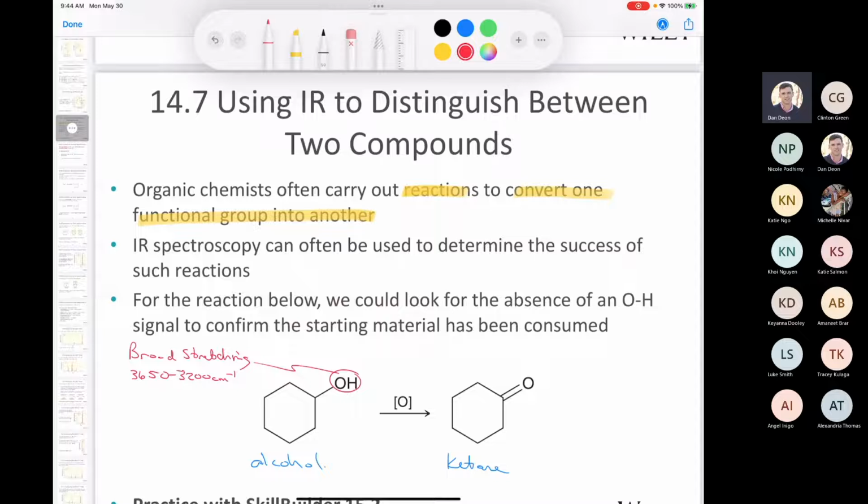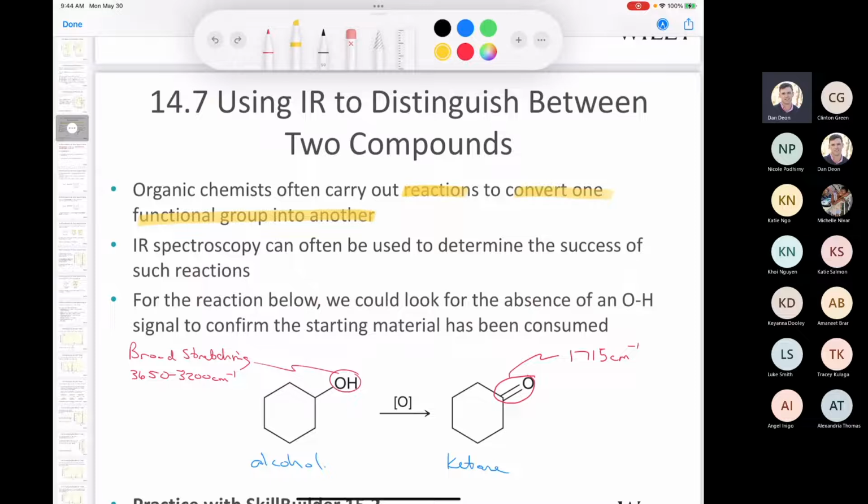We'll look at that in a second. Whereas for a ketone, we're going to see the carbon-oxygen double bond stretching at around 1715 reciprocal centimeters. So we should see the disappearance of this signal and the emergence of this signal from our ketone. So very cool.